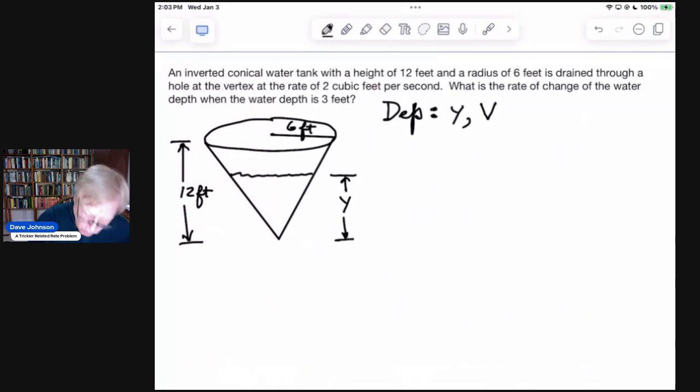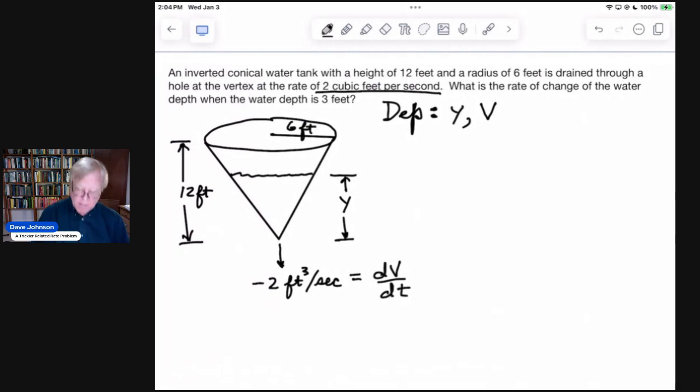So now we're given that 2 cubic feet per second of water comes out. So we can draw that. And because it's decreasing the volume by that amount, I'm going to say negative 2 feet cubed per second. And that is our dV/dt.